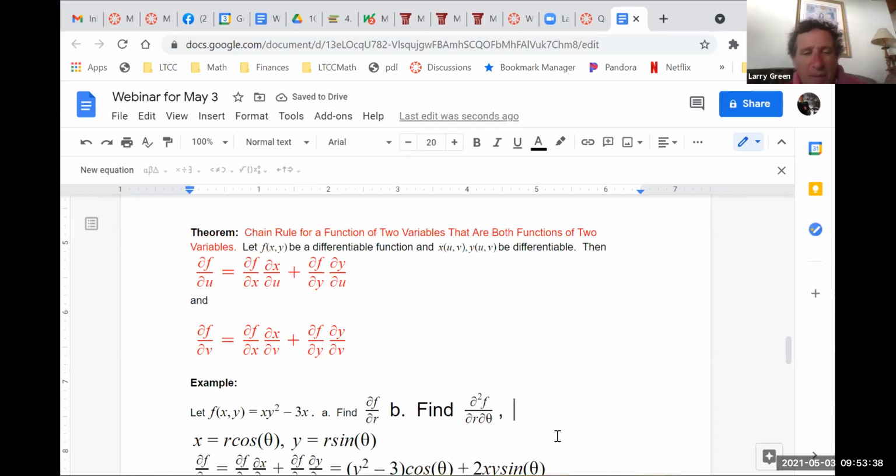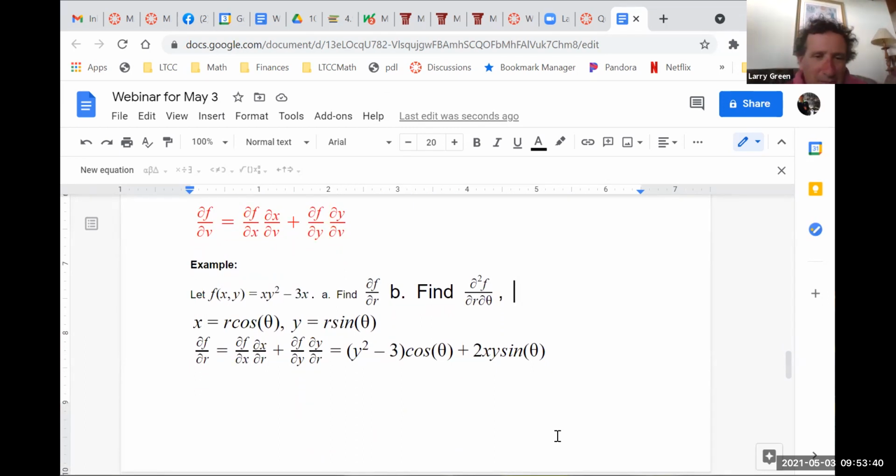So find the second partial derivative of f that's mixed between r and theta.